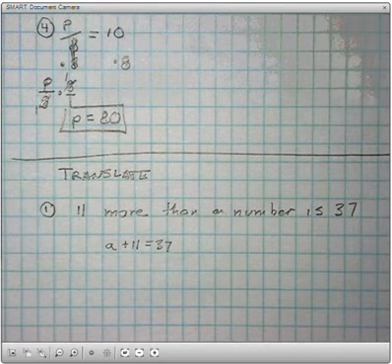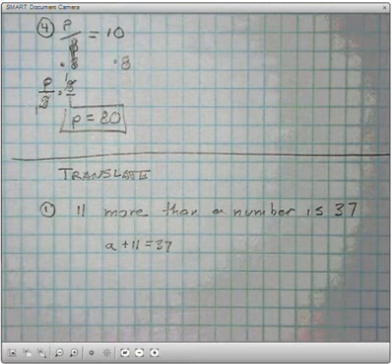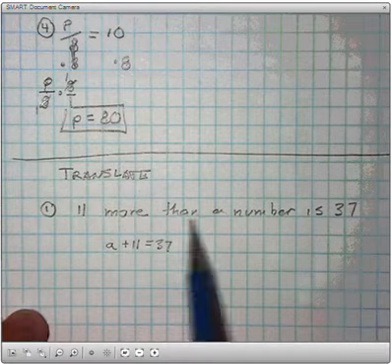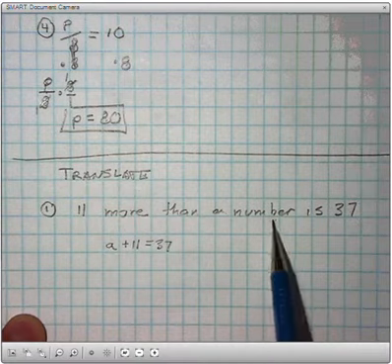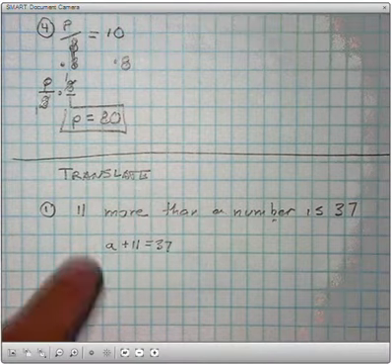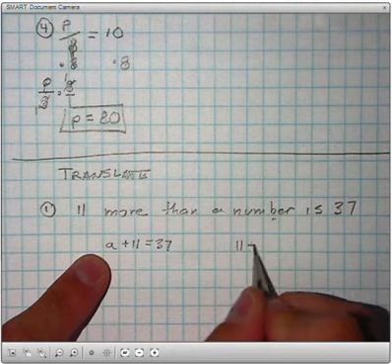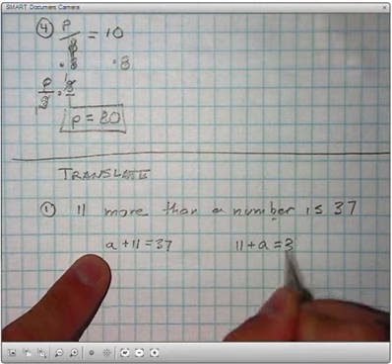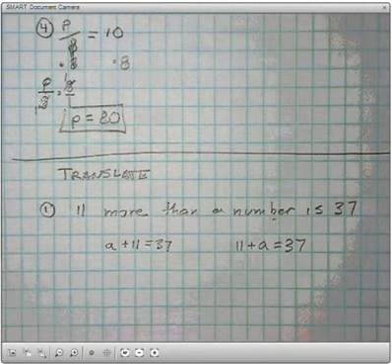So if I have 11 more Facebook friends than you, I would have to start with your number of friends and then add 11 to it to find mine. So when it says 11 more than something, you're going to start with the thing and then add 11 to it. If I wrote 11 plus A equals 37, it's going to give me the same answer, isn't it?